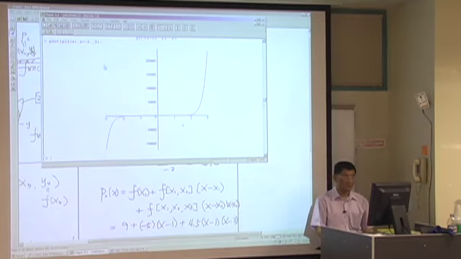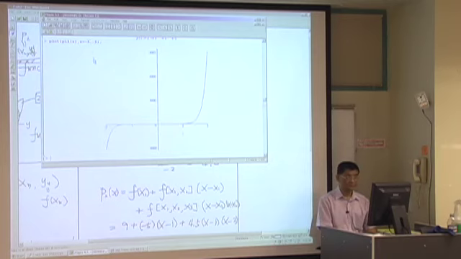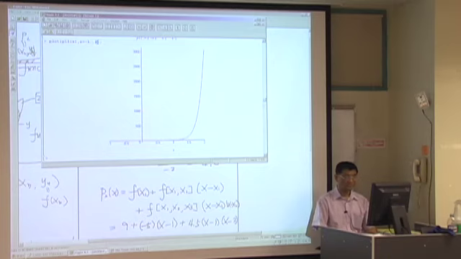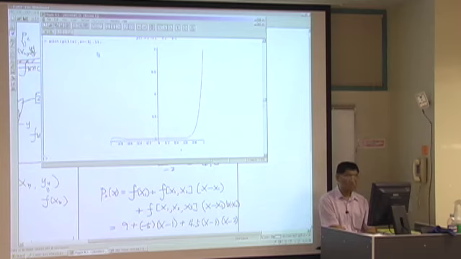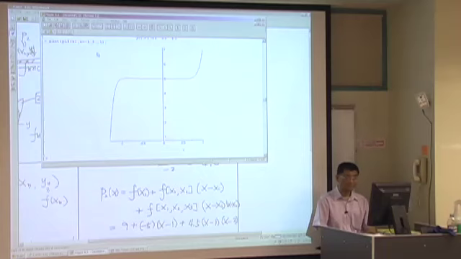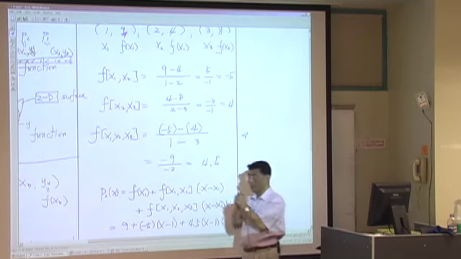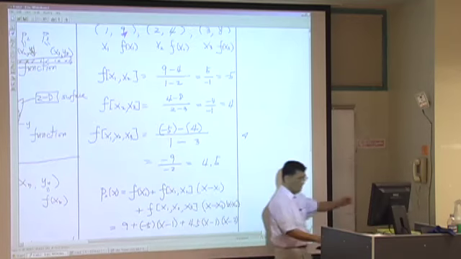So let's reduce it to about 2. Still doesn't show very much. So my example isn't great, but when you use a higher order function, the problem is this.